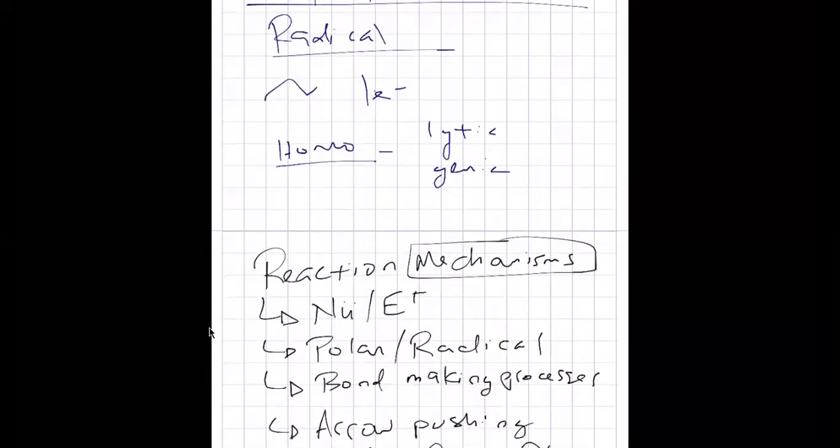All right, so it's 1 electron, everything is homolytic, everything is homogenic. And then for the reactions that happen through this pathway, we're going to talk today about radical substitution. Right, so radical substitution. So let me give you an example of that.